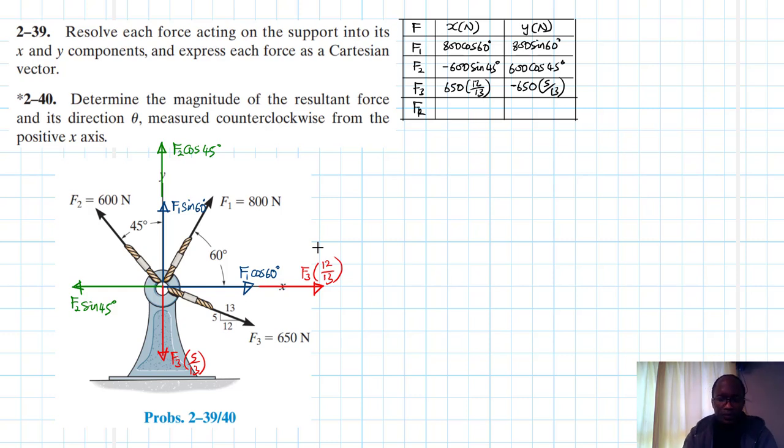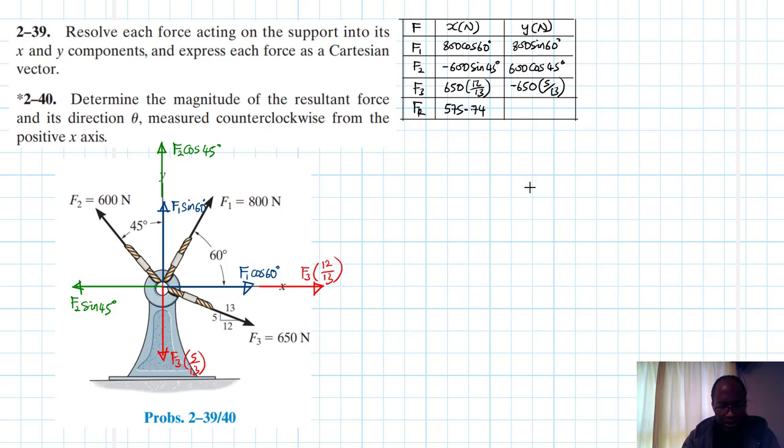So we have 800 cos 60 minus 600 sine 45 plus 650 times 12 divided by 13. This gives us 575.74.